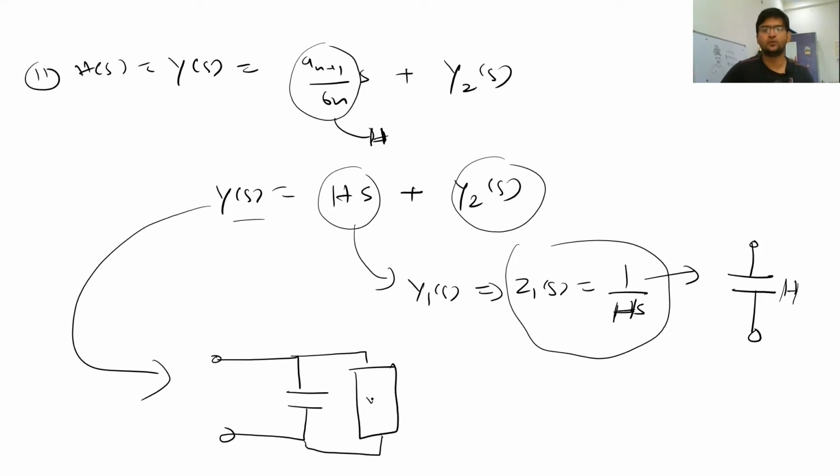So this is your Y2(s), and this is your capacitor of value H, and this whole thing is Y(s), right? So this is how you will take a pole at infinity and represent it in physical form, whether in the form of impedance or admittance.